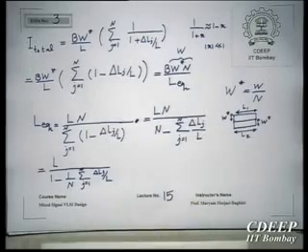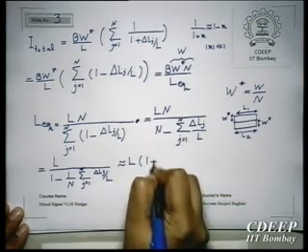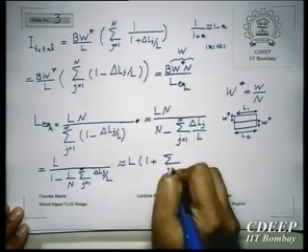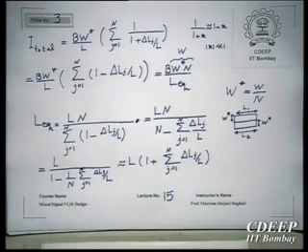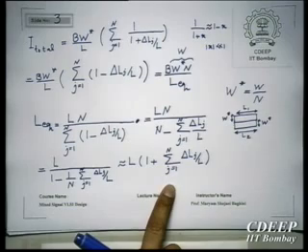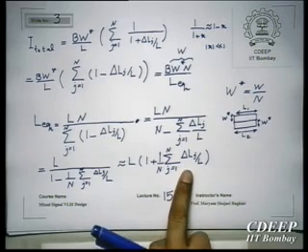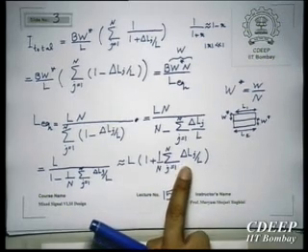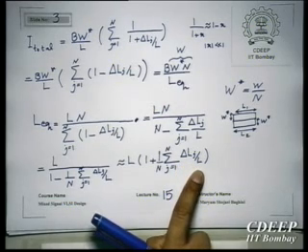And now I return it back to the original case. I use the same thing again, therefore it will be L into 1 plus 1 upon n summation j from 1 to n delta Lj upon L. So now my L equivalent is the original L plus this, the average of the relative value of this change of L, which is delta Lj upon L. This is the relative change, right?